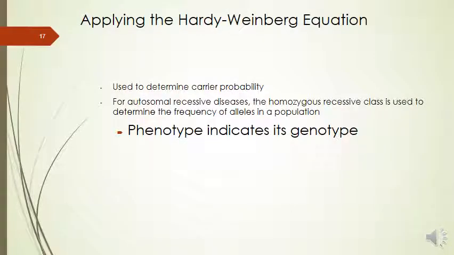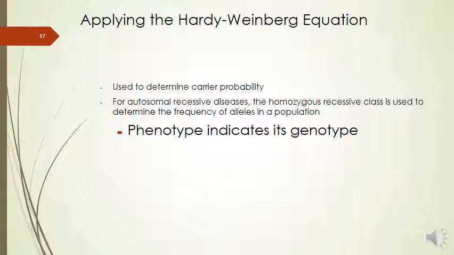To derive carrier risks, the Hardy-Weinberg equation is applied to population statistics on genetic disease incidence. To determine allele frequencies for autosomal recessively inherited characteristics, we need to know the frequency of one genotype in the population.